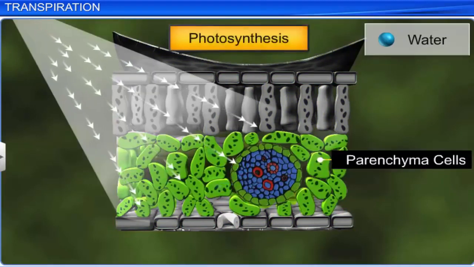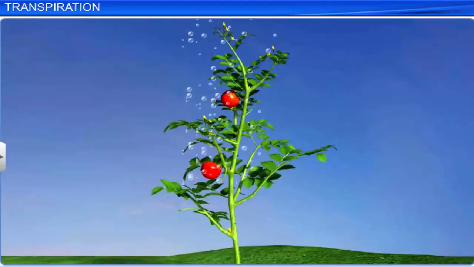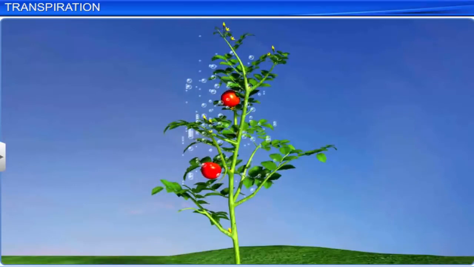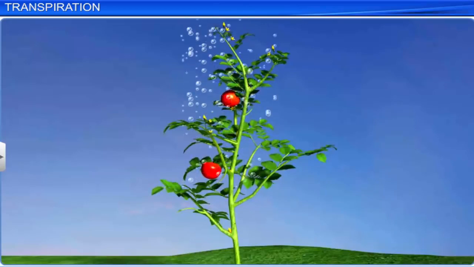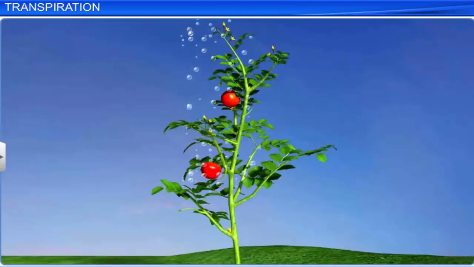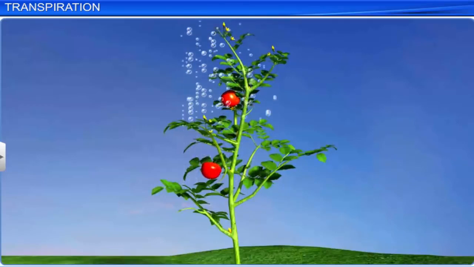While water evaporates through stomata during transpiration, a thin film of water appears over the cells, which pulls water molecule by molecule, into the leaf from the xylem. This transport is helped by the water potential gradient.